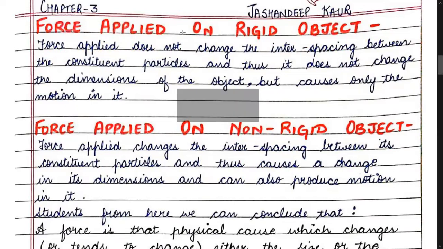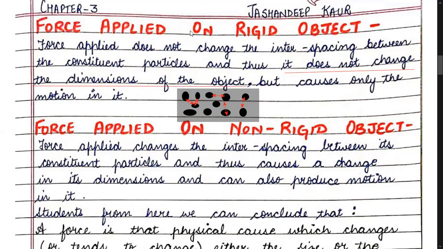That means that in a rigid object, there are certain particles, and when you apply force on it, the distance between the particles, interspacing, remains the same. It does not change. It means that you are not able to change the shape of the body. So when interspacing is not changing, the force applied does not change the dimensions of the object.